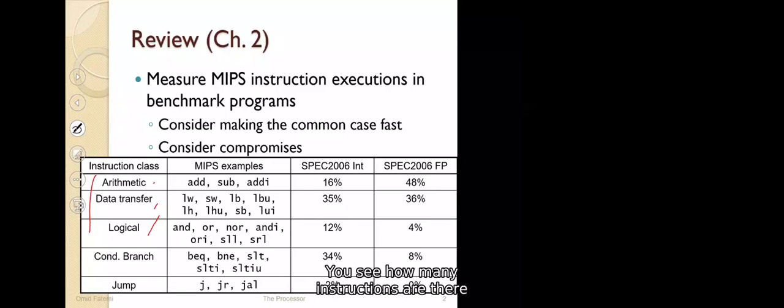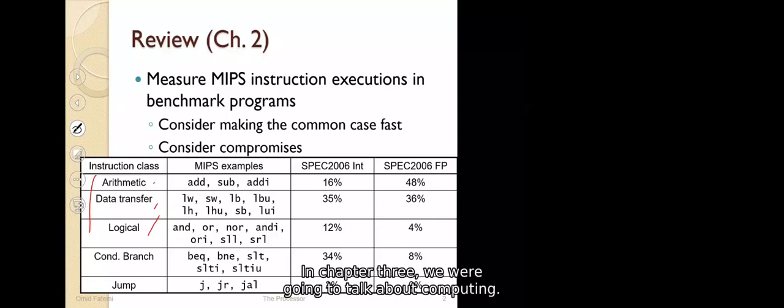You see how many instructions are there, and you could even see in the right column how frequently each category is used in programs. So we tried to make the common case fast as much as possible. Okay, so we talked about this before in chapter 2.